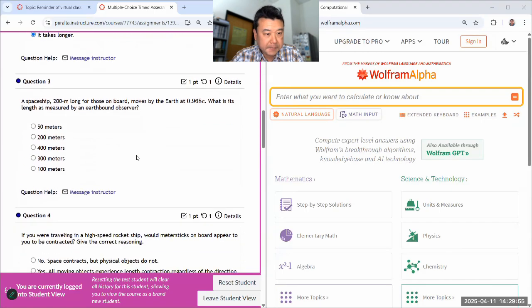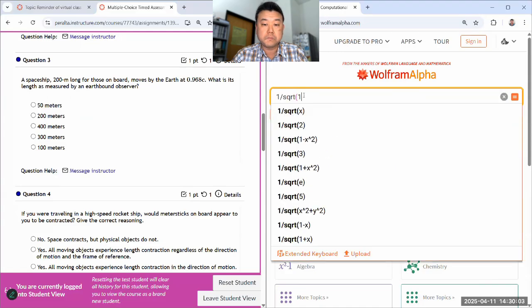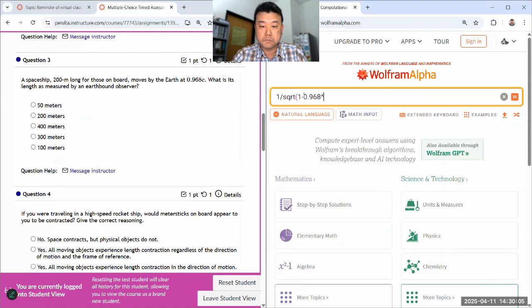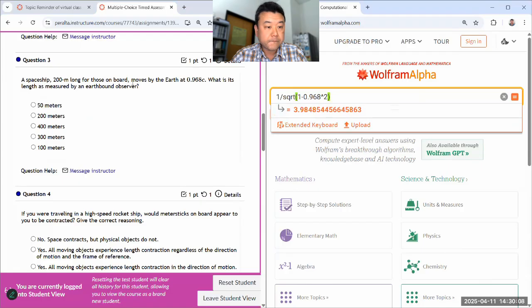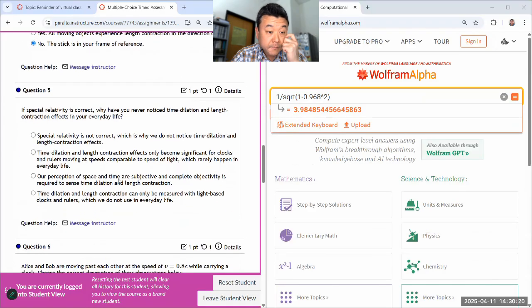So the C is, say, followed by 4, proper length.